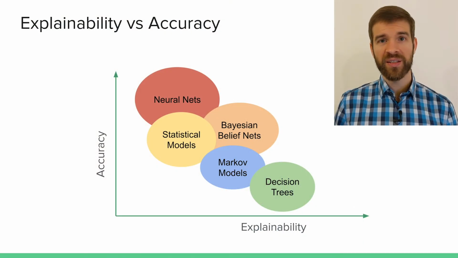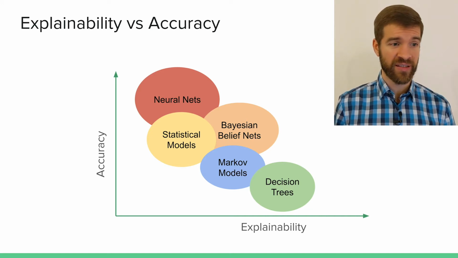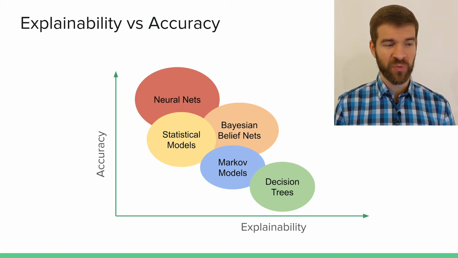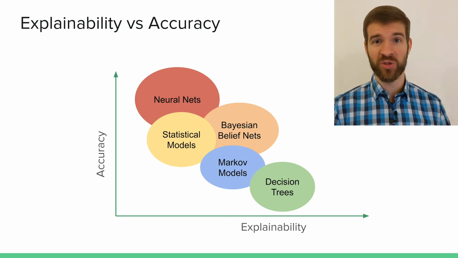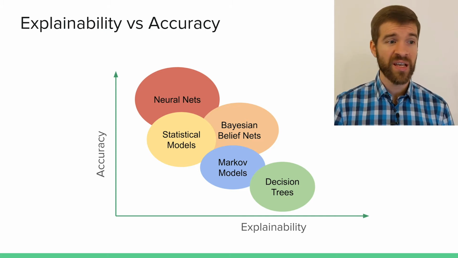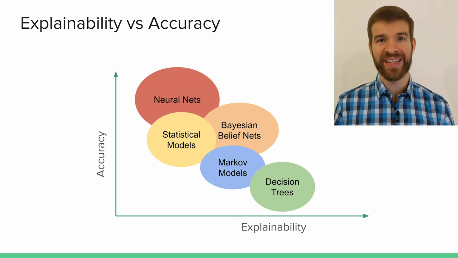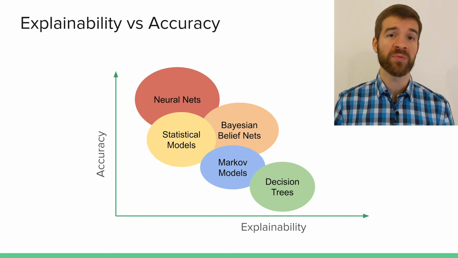There is one underlying issue with machine learning models in general. When we draw the accuracy on one axis and the ability to explain itself on the other axis, there are models that we can understand very easily, like decision trees, but they tend to not be that accurate, especially for very complex problems.